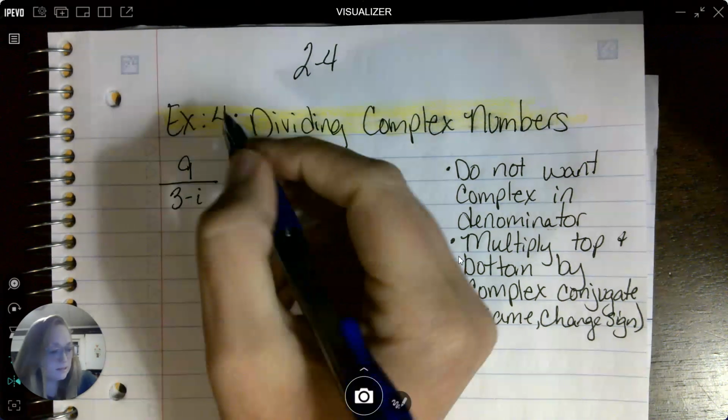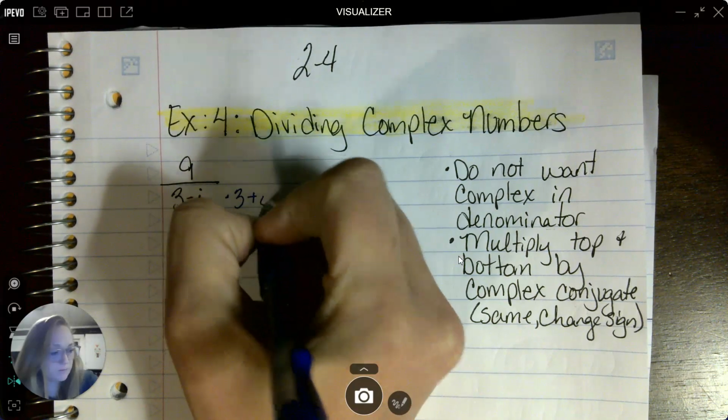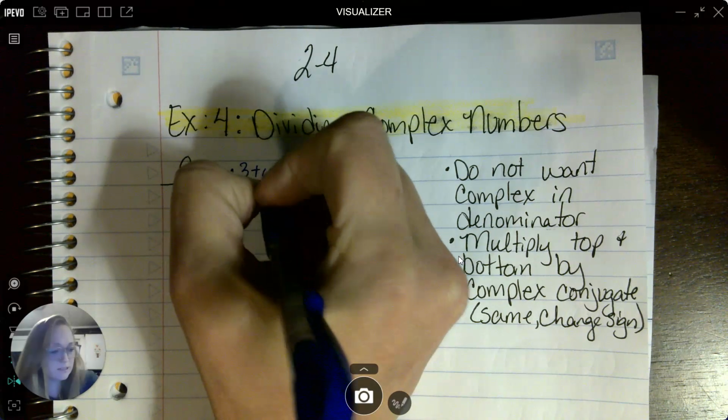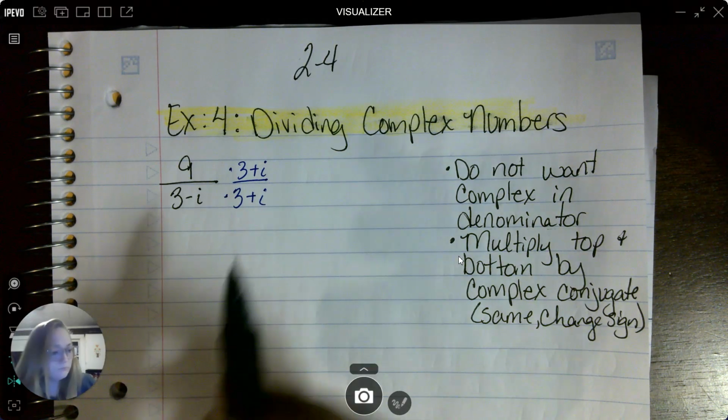So what that looks like is I'm going to multiply the bottom. It's kind of like rationalizing the denominator that we did in Algebra 1 with radicals and in geometry as well.